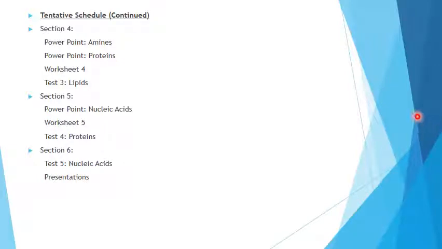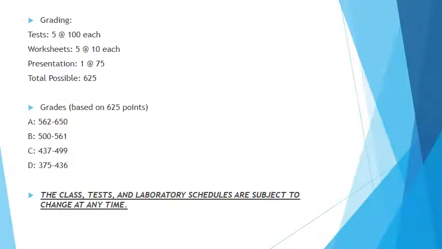The grading of this class as it stands now is subject to change. There will be 5 tests, each worth 100 points, the worksheets up to 10 points, and the presentation will be 75. So right now, there's a possible 625 points. Your grade is simply percentage based on that.